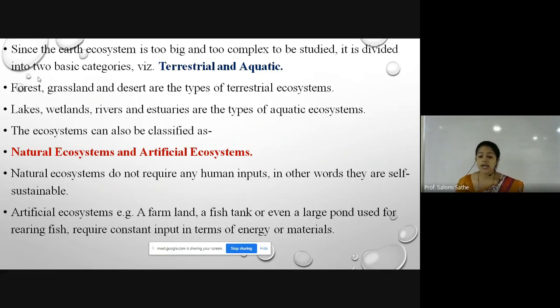In other words, they are self-sustainable. They are self-sustainable. This is most important. Underline. Artificial ecosystem, for example, a farmland, a fish tank, or even a large pond used for the rearing fish require constant input in terms of energy or materials. Here, this is most important.